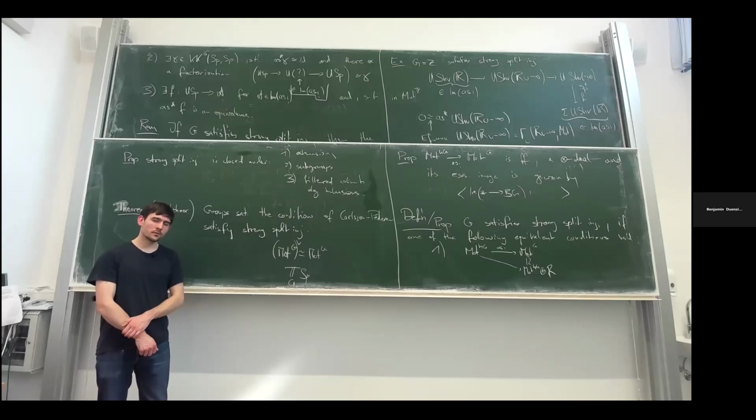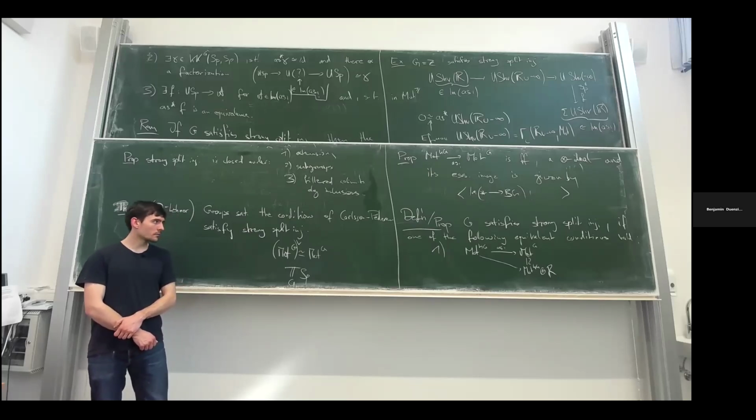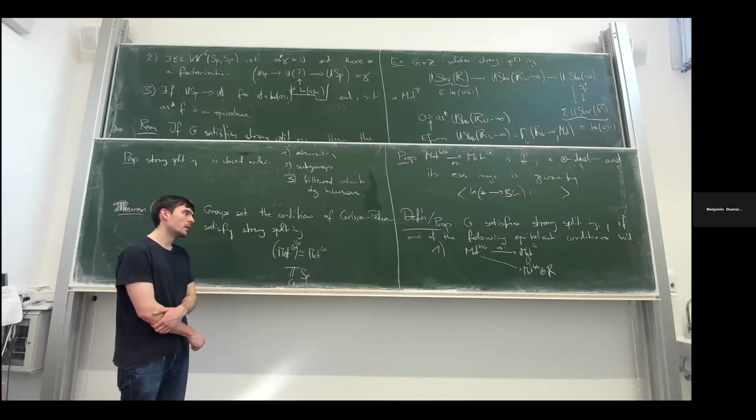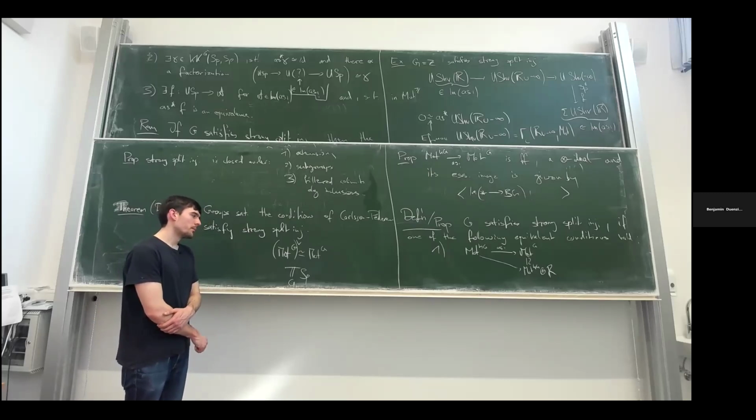Okay, and is the bootstrap class of this Mot G known? This is related to the Farrell-Jones conjecture. I mean, there are two problems.